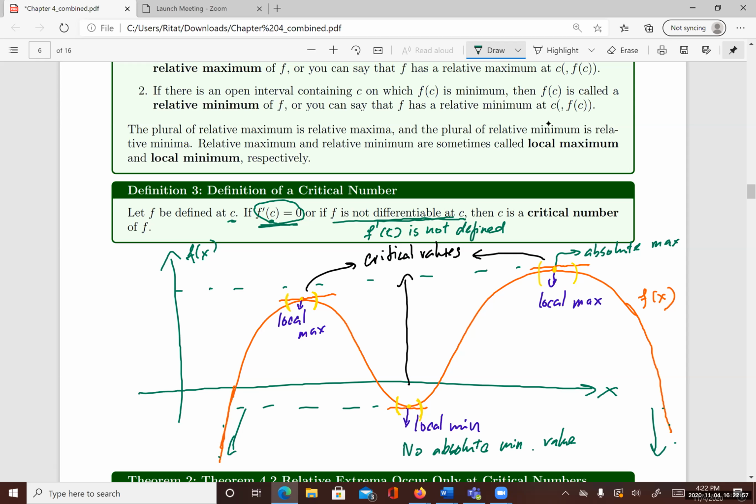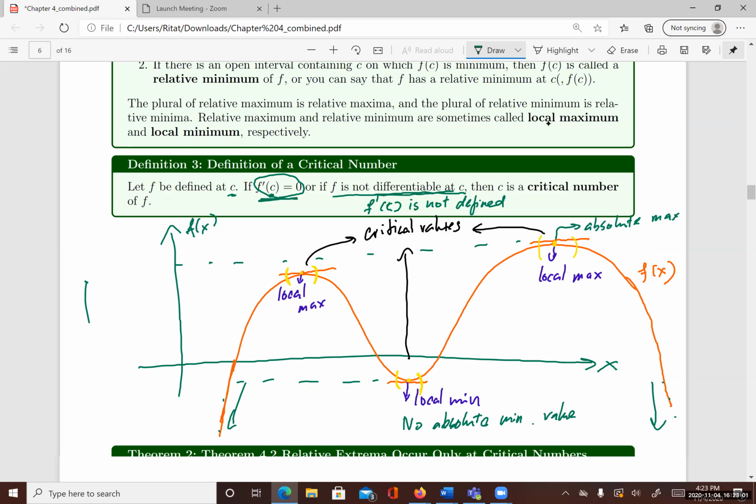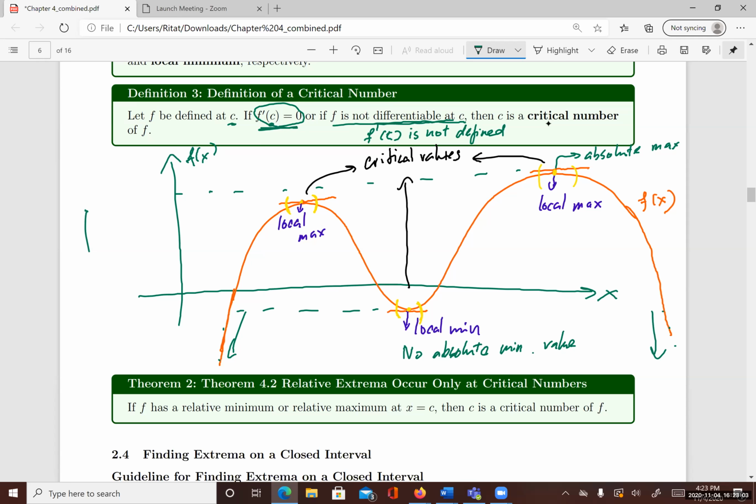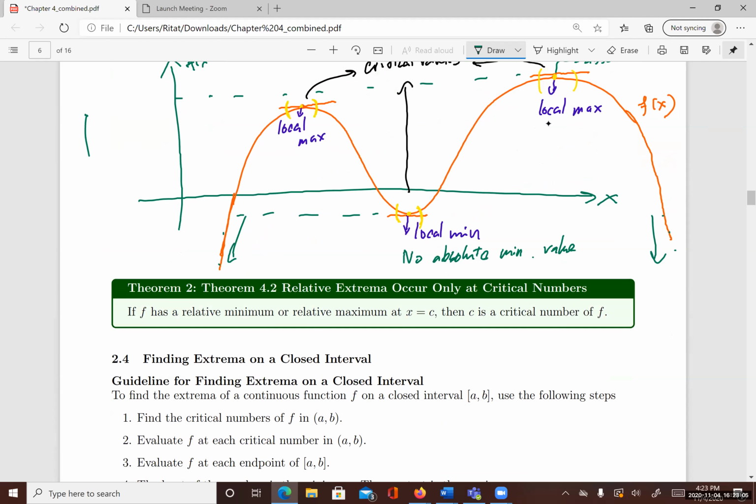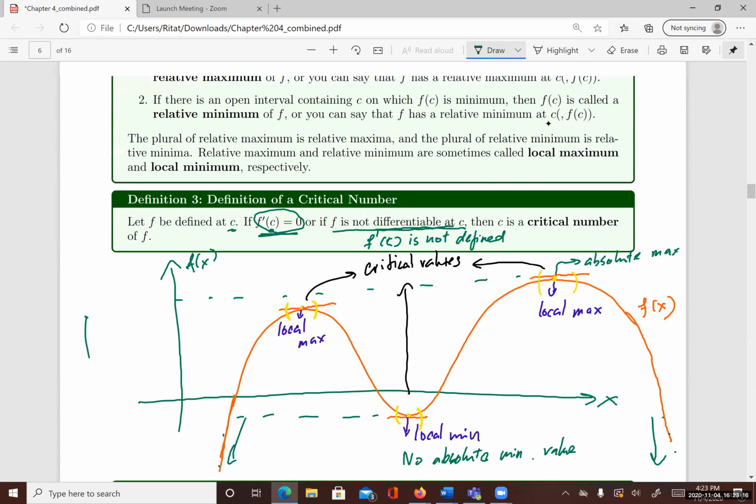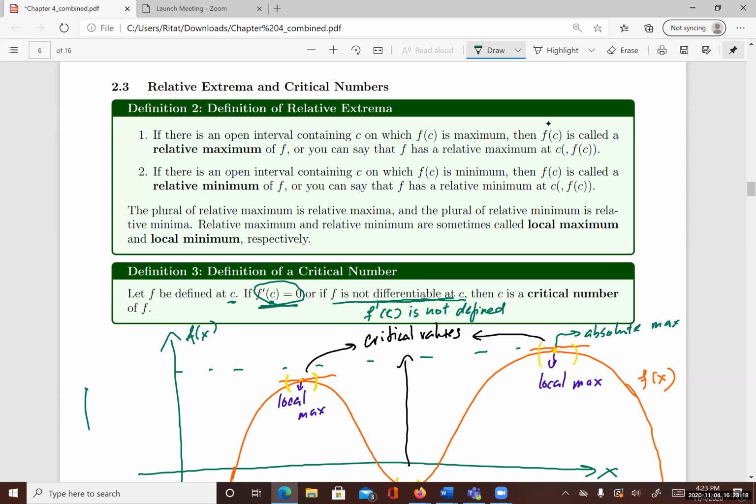All right, so now we know how to find critical values: find the derivative, set it equal to 0, and then solve for x, right? So here's another theorem related to relative extrema or local extrema. I forgot to mention that local extrema has another name. It can be called relative extrema. So relative maximum is the same as local maximum, and relative minimum is the same as local minimum.